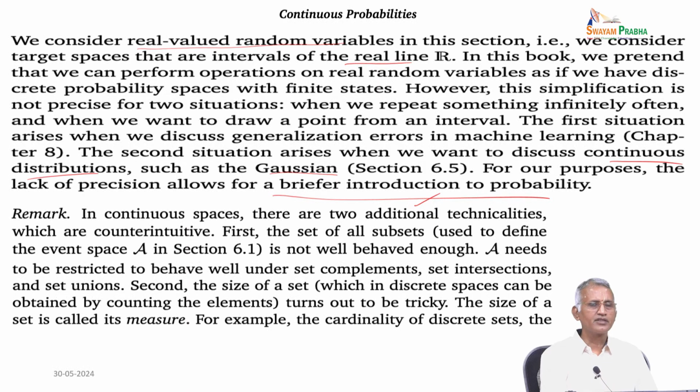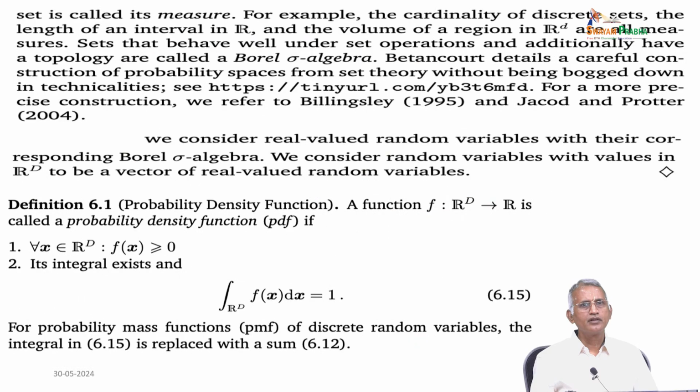The cardinality of discrete sets, the length of an interval in the real numbers, and the volume of a region in R^D are all examples of measures. This set behaves well under set operations and additionally has a topology, called the Borel sigma algebra.